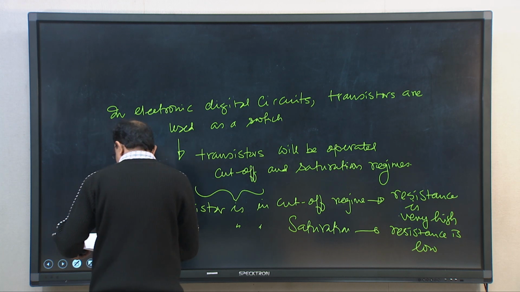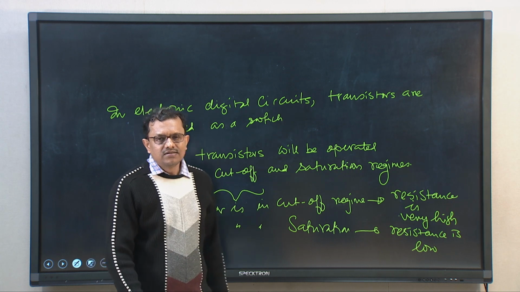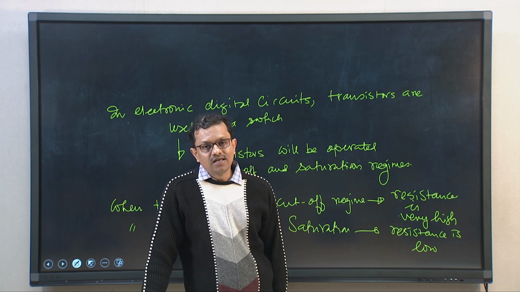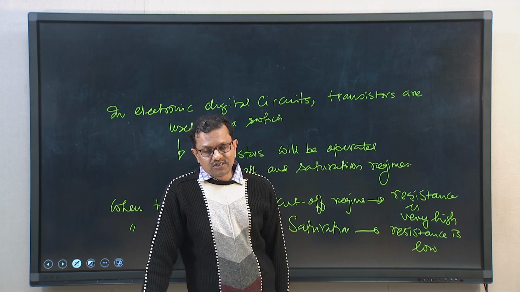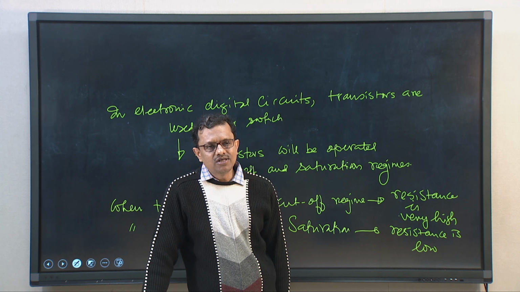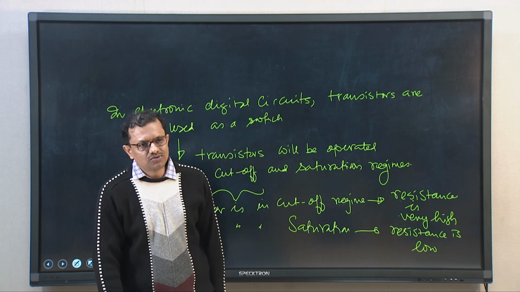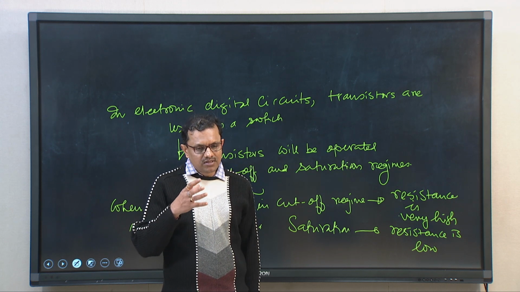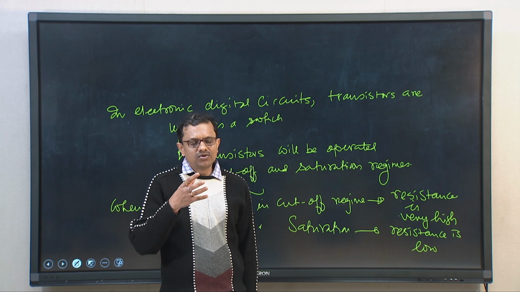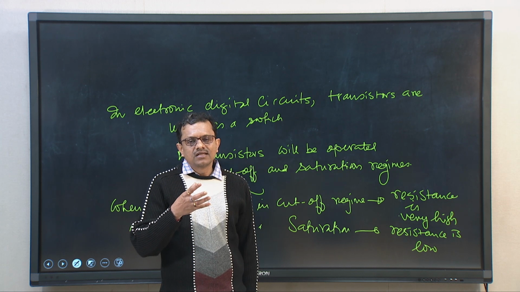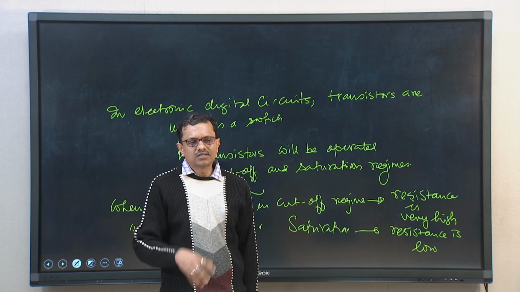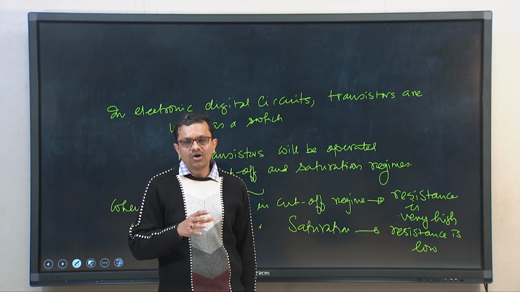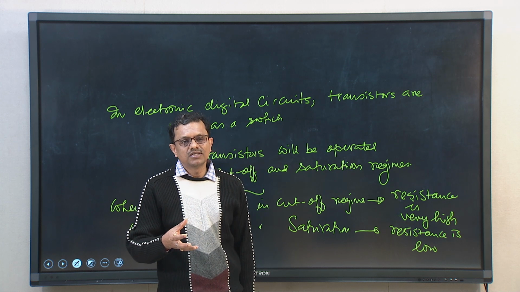Now, the question is, in a digital electronic circuit, the control input to the transistor switch, because the transistor will be acting as a switch, should be capable of running the transistor either in off mode or in the saturation mode, that is on mode.